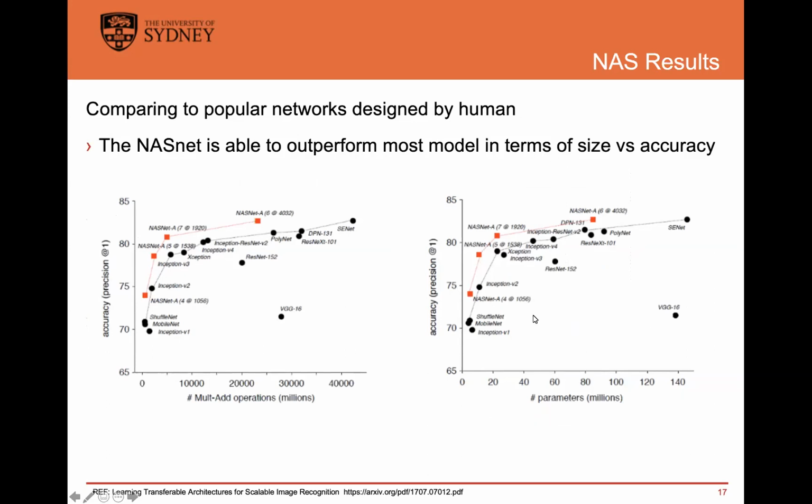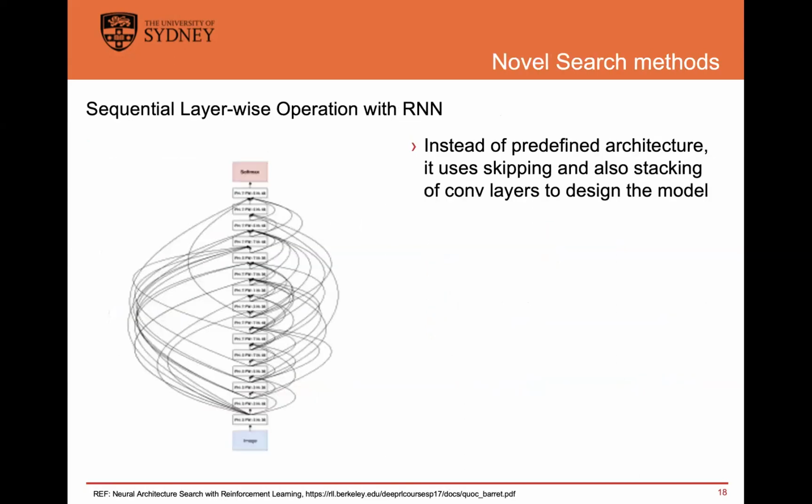This is how many parameters you need to tune for your model to work. We can see that NASNet actually outperforms most of the models by a large amount. If you have the parameters set at 20 million maximum, the smallest NASNet can outperform most of the humanly designed architectures.